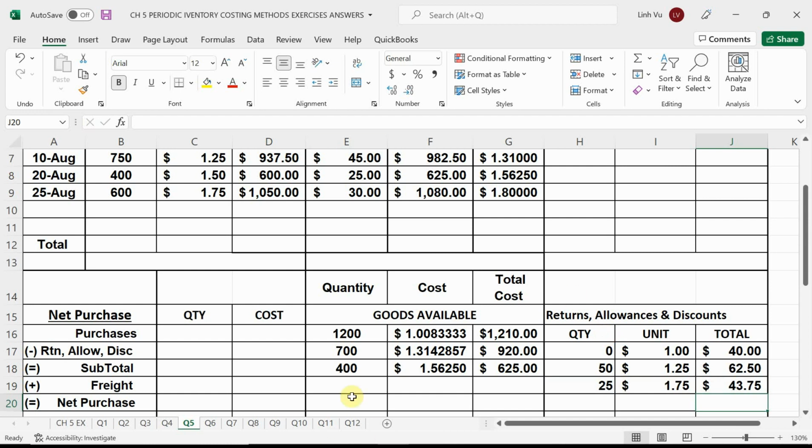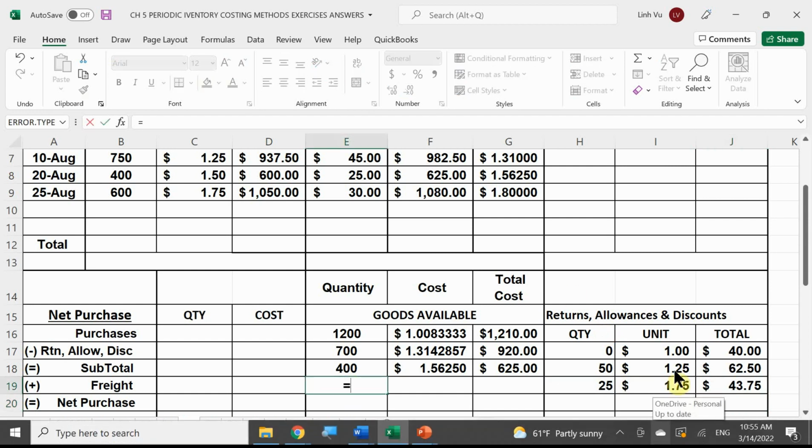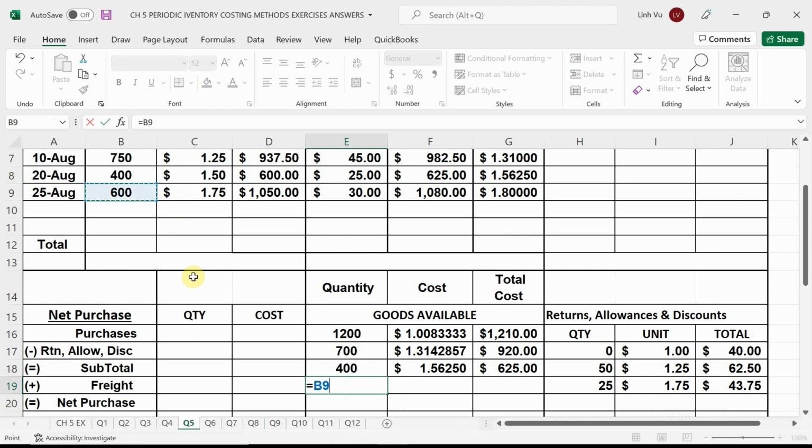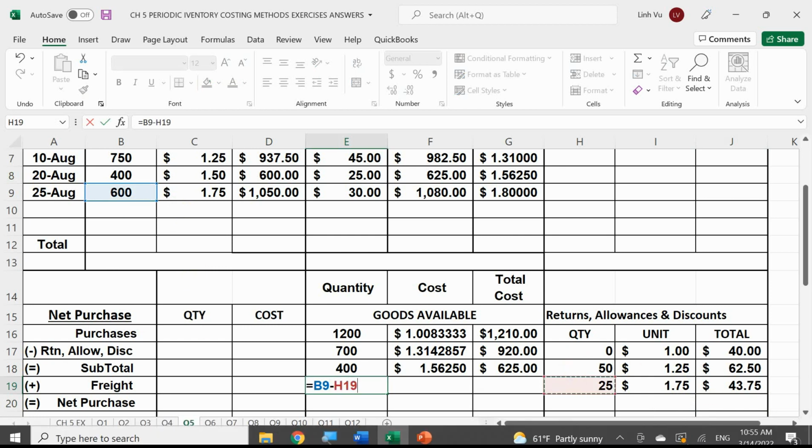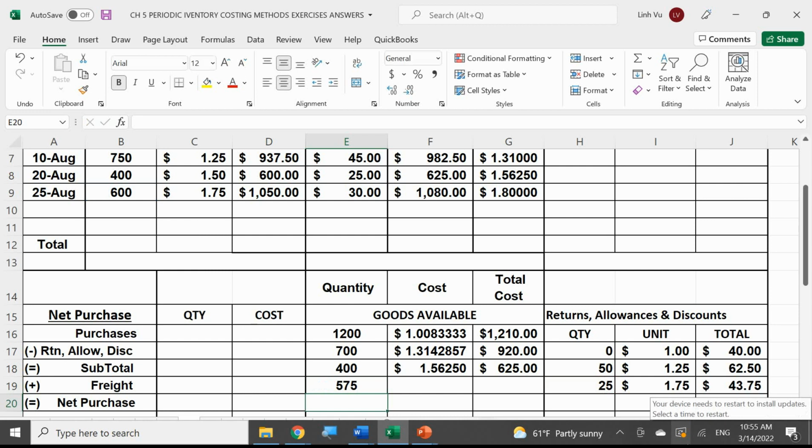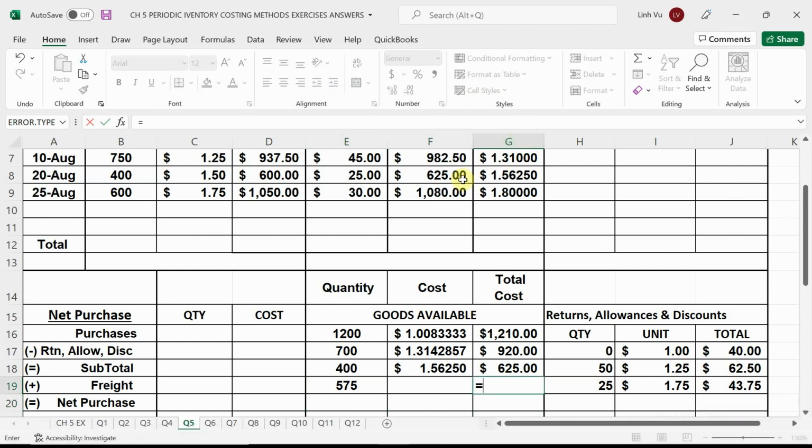$43.75. So I no longer have 600 units, because I end up returning 25 of them. So I should be left with 575. My total cost of $1,080, right? I end up returning $43.75. So how much is my new total cost?